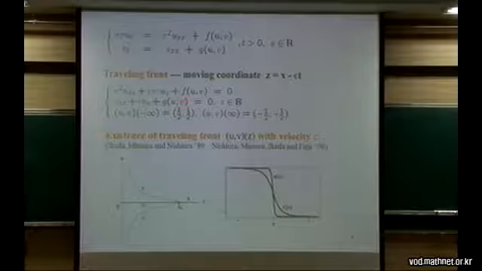When tau decreases, there exists a tau naught at which two new solutions bifurcate to the left-hand side. One is a traveling front solution with positive velocity. The other one is a traveling front with negative velocity.